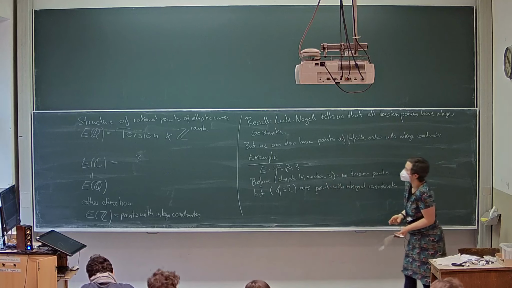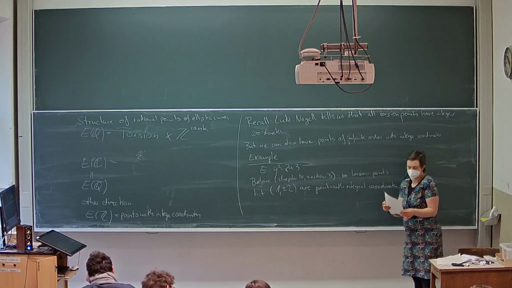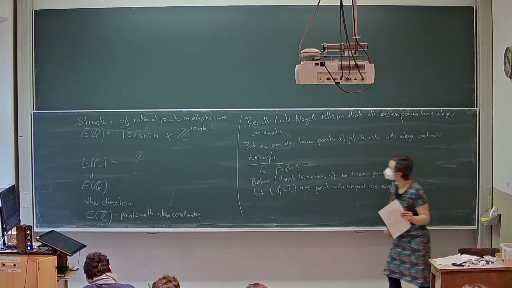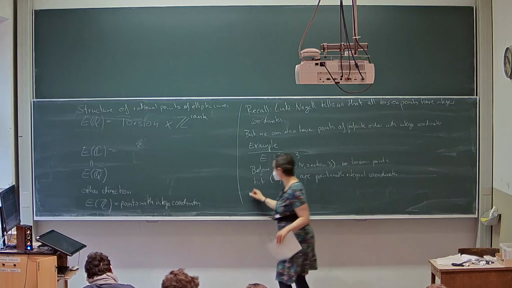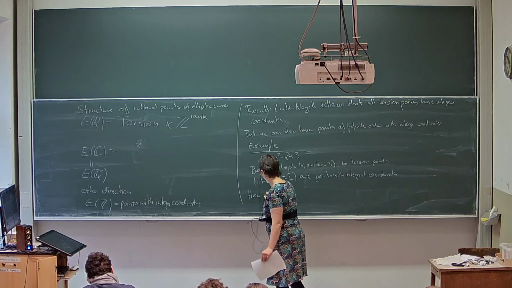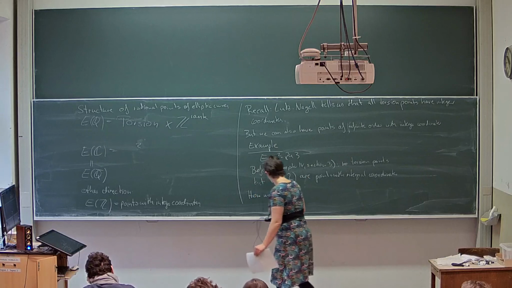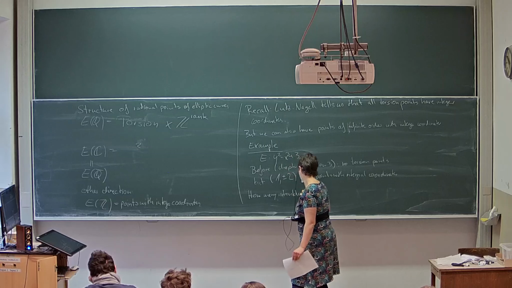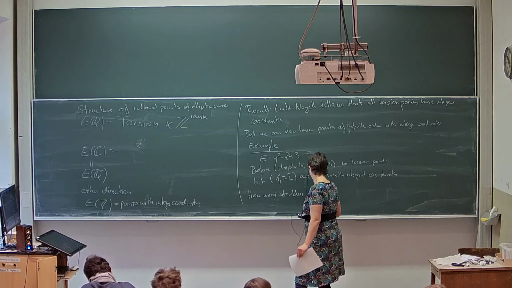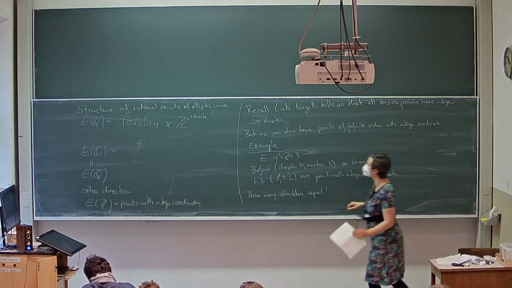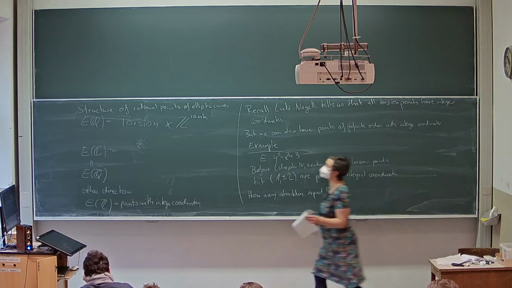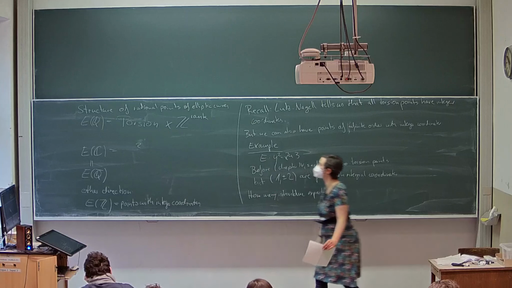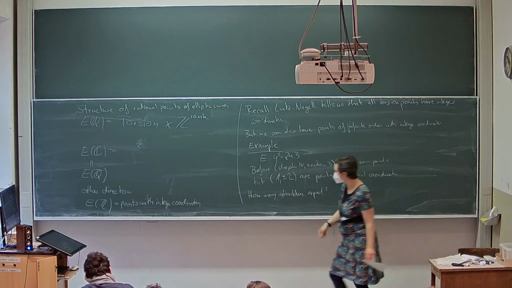So let's think about how many there are that we would expect. Of course, when the rank is 0, there can't be more than just the torsion points.